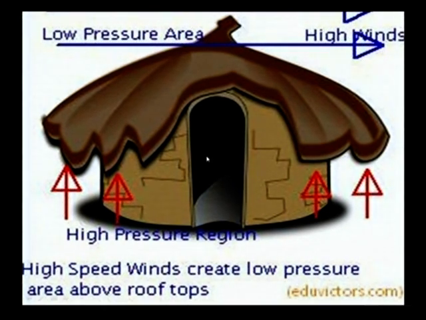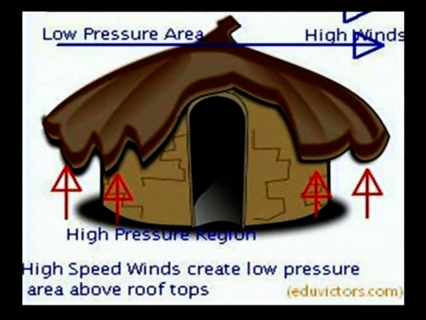We know that pressure is inversely proportional to velocity. As the pressure is low, the velocity of air is more at the top and less inside the house. As a result, dynamic lift occurs and the roof of the house will be blown off.